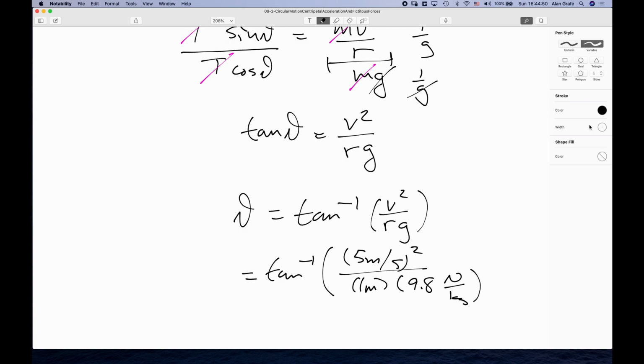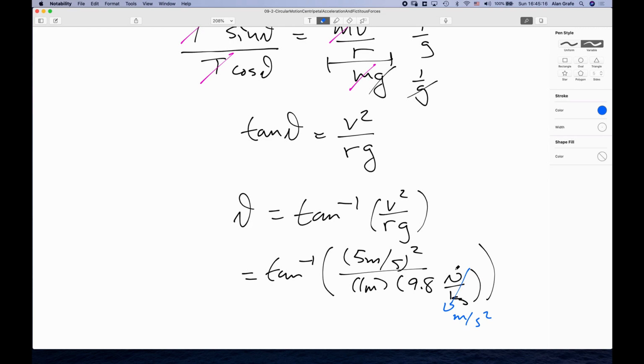And right away, we're going to note, for purposes of balancing units, that a newton per kilogram is dimensionally a meter per second squared. So here, when I square this, I have meters squared over seconds squared. Here I'll have meters times meters per second squared. So in both the numerator and the denominator, I have meters squared over seconds squared.